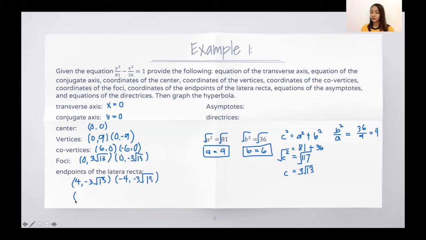Next, since we have 4 endpoints of the lateral recta, okay, 4 po ang endpoints natin sa lateral recta. So, ito yung dalawa. We still have 2 more endpoints. So, to find the 2 endpoints, we have positive, negative b squared all over a and positive c.